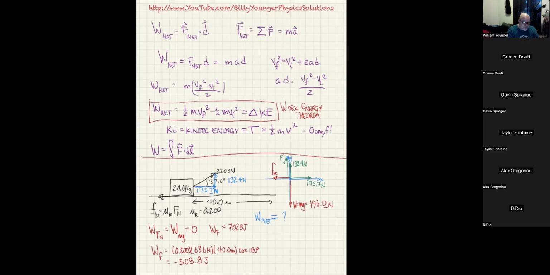So now that I've gotten all this stuff written down, I can go ahead and say W net is equal to 7,028 joules minus, or it's actually plus a negative, by the way, but I'm just writing it as minus, plus negative 508.8 joules gives me, in fact, I might need to turn my calculator on, 7028 minus 508.8 gives me 6,519.2.